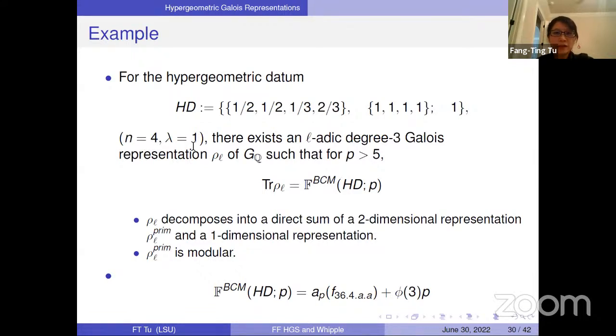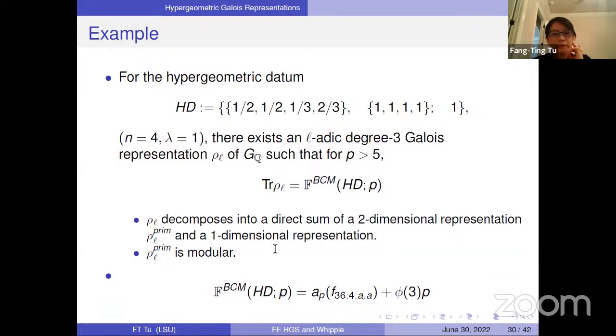So we have a degree 3 Galois representation, and because this HD is defined over Q, the representation can be extended to GQ. And again, because this HD is self-dual, we have a prime part of the representation, which is dimension 2. And actually, this Galois representation decomposes into 2 parts, 2 + 1 representations.